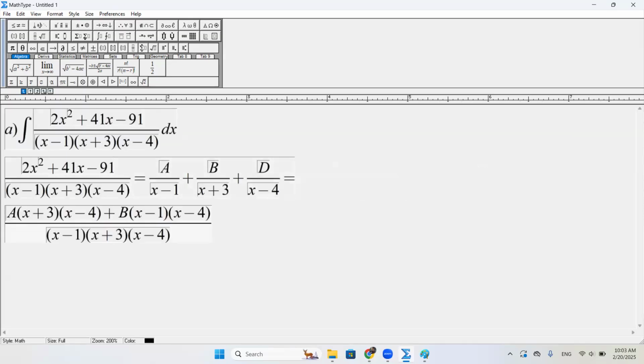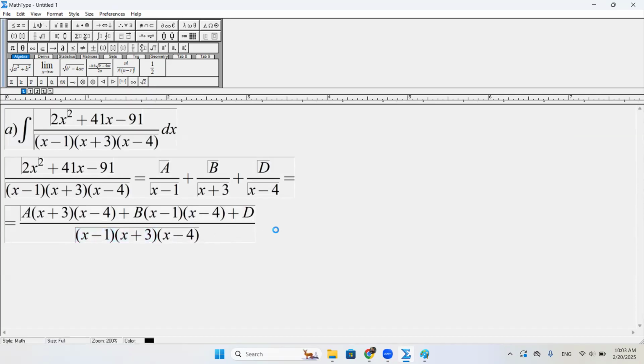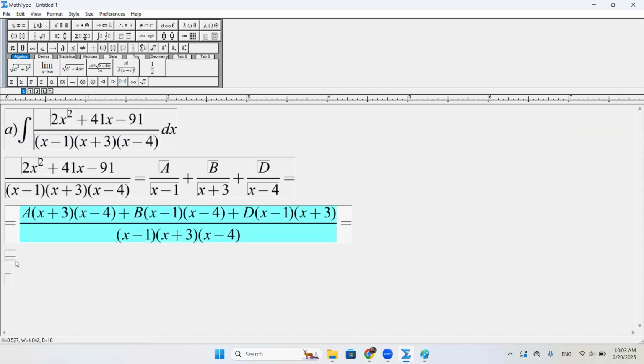Let me move to the next line. Plus D multiplied by these expressions. And now let's expand brackets near each of these coefficients.